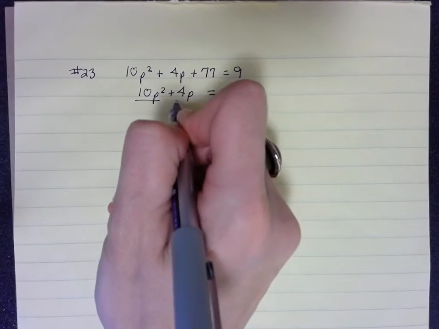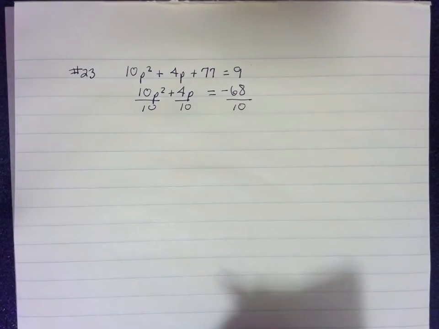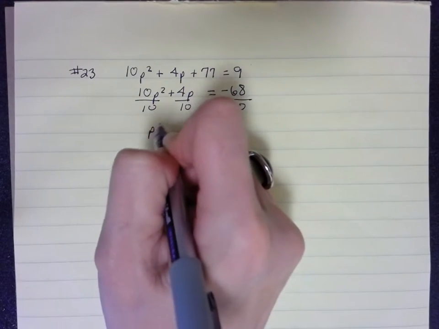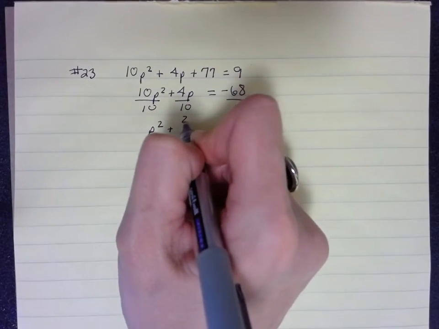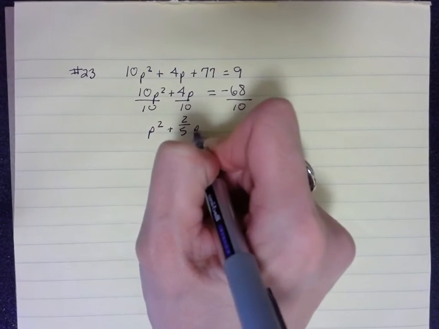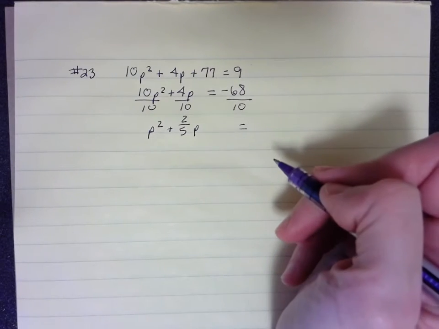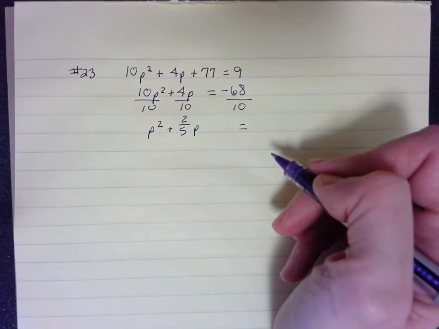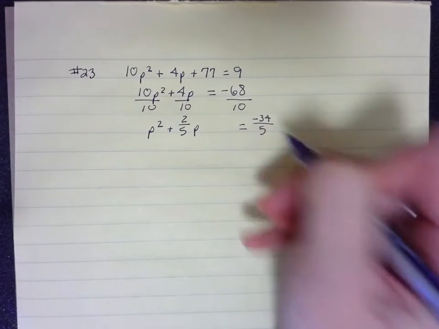I divide everything through by 10. So I get p squared plus 4/10. I'm automatically going to make that into 2/5 p. I'm going to leave my space so I can complete the square, and I'm going to turn this into negative 34 over 5, because I can.